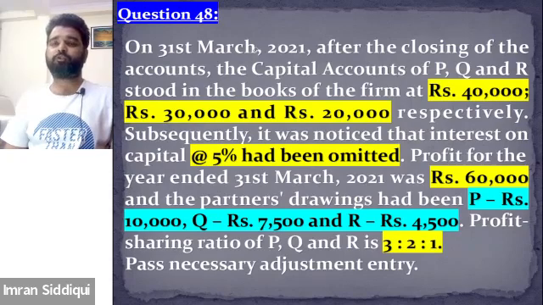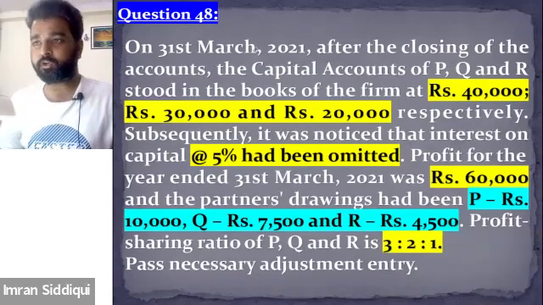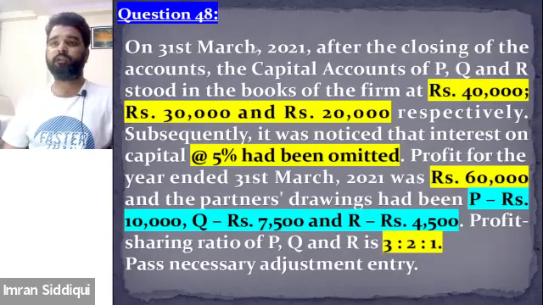We did this topic earlier when I was covering the interest on capital part. When I was teaching you the calculation of interest on capital, we already covered how to calculate the opening capital balances. So I'm sure all of you already remember that.